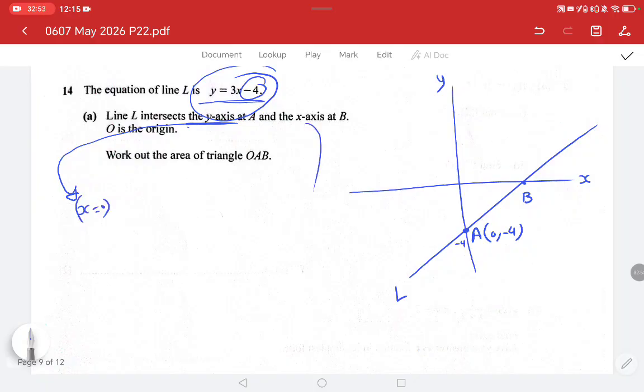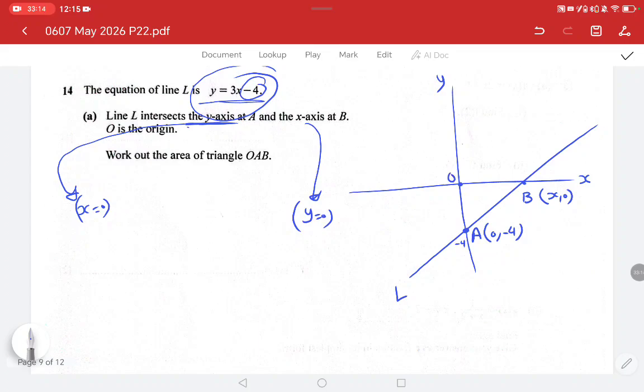And it's opposite there, intersecting the x-axis means y equals 0. So this point here is x and y is 0. Is it fine now? And here is O, the origin.